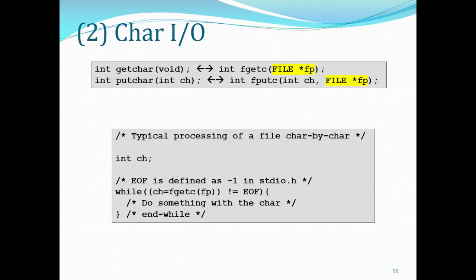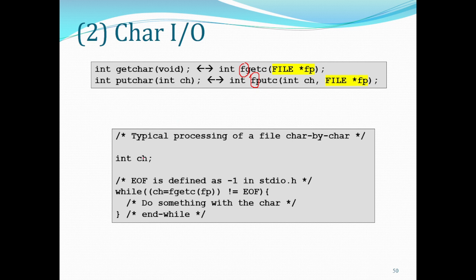So let's see. As you remember, we have getchar and putchar in C. We are getting and putting characters from the keyboard and to the screen. And for files, we are using fgetc and fputc, file get character and file put character.